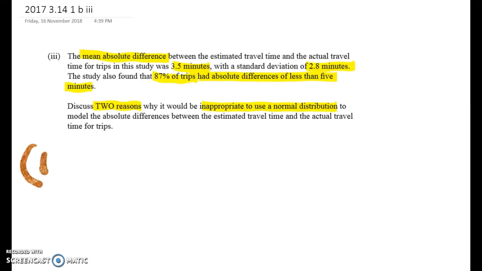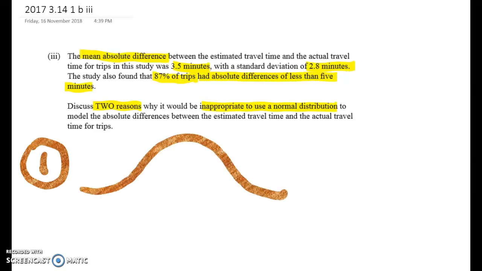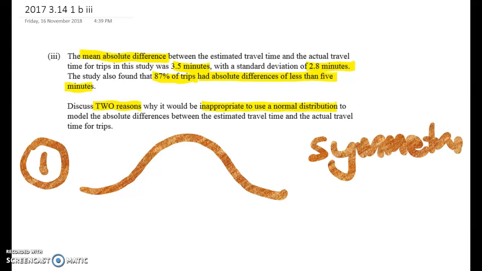So the first reason is that a normal distribution is symmetric. I'm going to give you some headings to help you think about questions like this. And the first heading is symmetry.